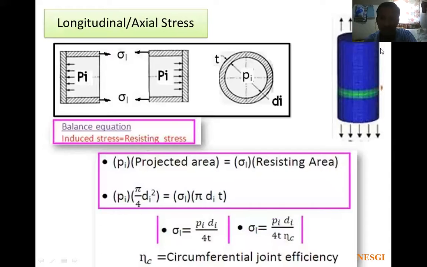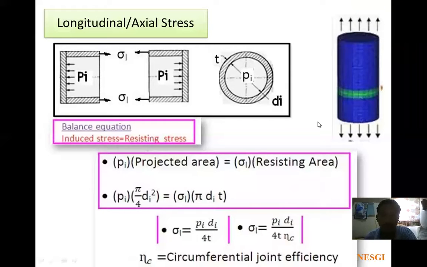So next is axial stress or longitudinal stress. Longitudinal stress acts parallel to the axis of the cylinder. This is the axis of the cylinder, so this stress acts parallel to the axis, and that's why sometimes it is also called the axial stress.